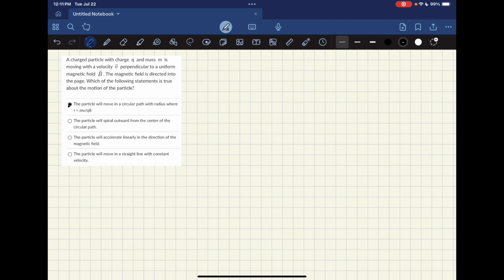But where does that term R equals mv over qB come from? Well, let's find out. If we use the Lorentz law, we know that F equals q, which is the charge of the proton, times the velocity vector v, crossed with the magnetic field vector B. And it's important to realize that this x in the middle here is a cross product, not multiplication.